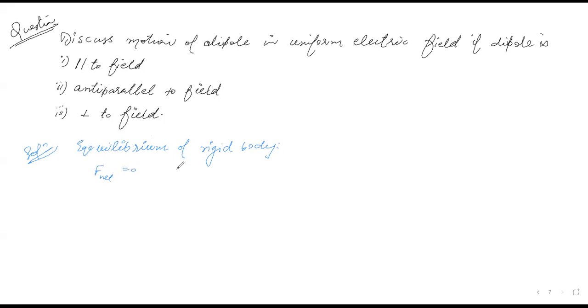If F net is 0, then the body is said to be in translational equilibrium. And when the net torque acting upon the body is 0, then it is said to be in rotational equilibrium. Do you understand it? Note it down first. Then we will try to solve all of these three parts, 1, 2, and 3.